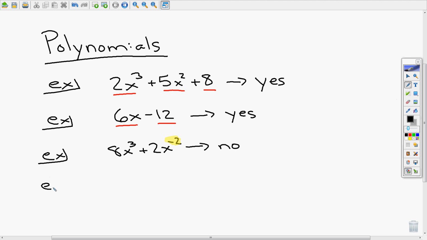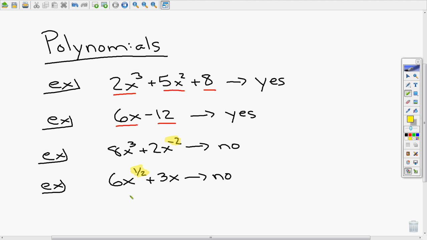Another example of one that is not would be 6x to the 1/2 power plus 3x. That one also is not, and you can probably tell why here.